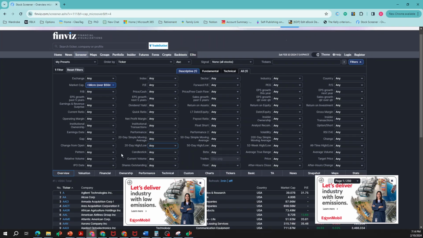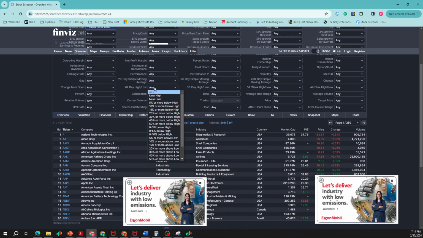So one thing you could do is put this on here, and this will show all stocks hitting a new high on the day of the scan, or a new low on the day of the scan. Those are perfectly fine options. That would give you basically, within the last month, I'm sorry, hitting a 1-month high on the day of the scan, or a 50-day or a 52-week or an all-time.